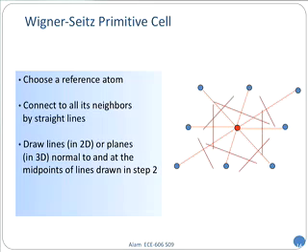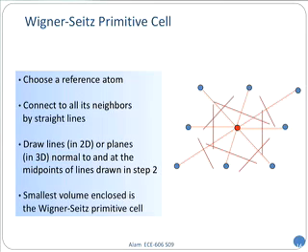Now you can see for the atoms that are farther away, the bisector intersects at a point which is farther down. And the primitive cell is the smallest volume enclosed in this area. So you see the one that is farther out, the right top blue point, the perpendicular bisector is farther out.